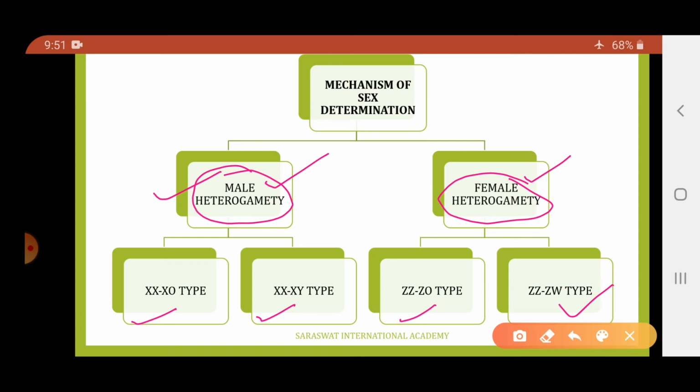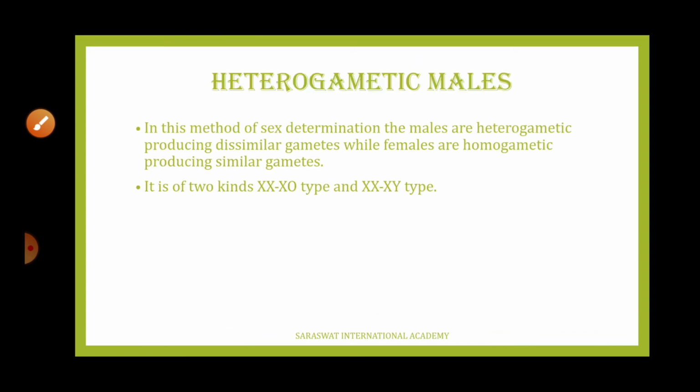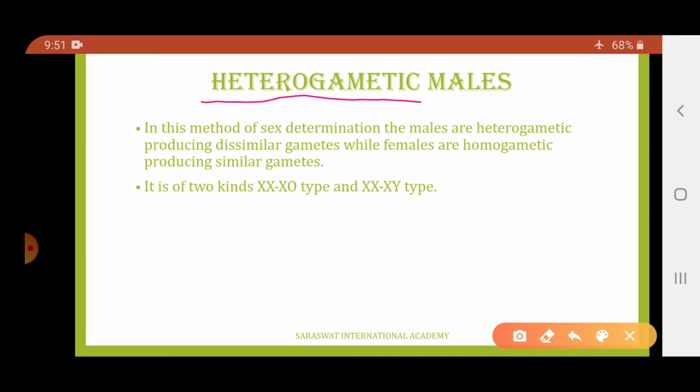Now we will study each type in detail. First of all, male heterogamety, that is heterogametic males. So what is it? In this method of sex determination, the males are heterogametic, producing dissimilar gametes, while the females are homogametic, which produce similar gametes.